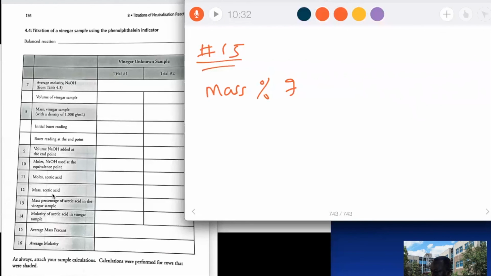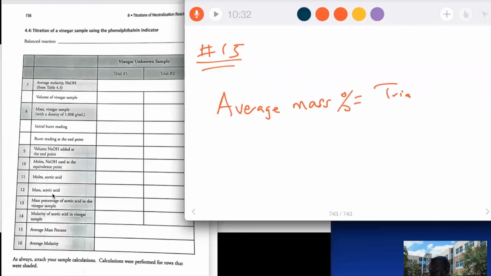Average mass percent is given by trial 1 plus trial 2 over 2. Everybody knows that.